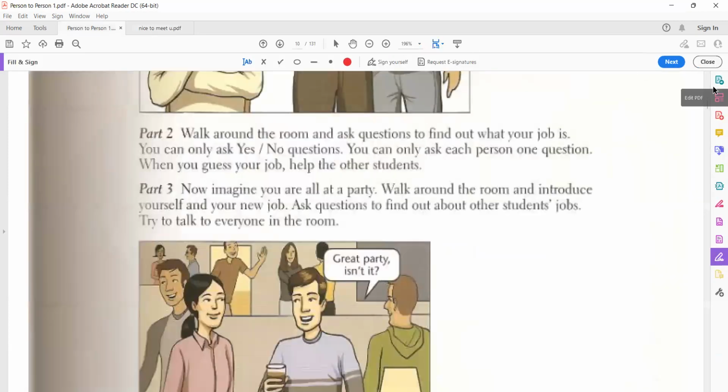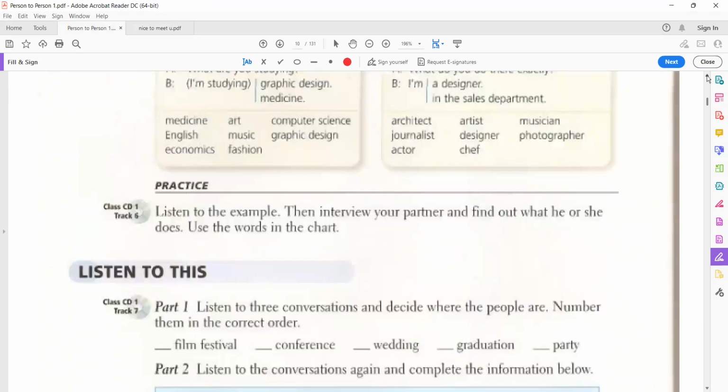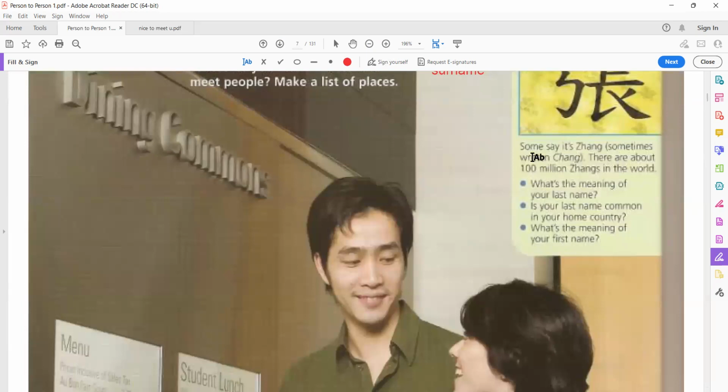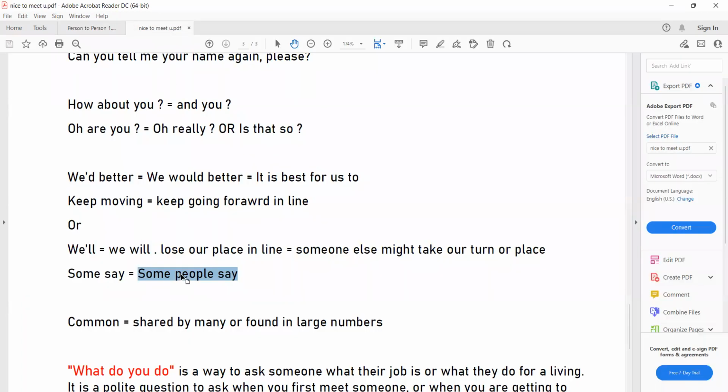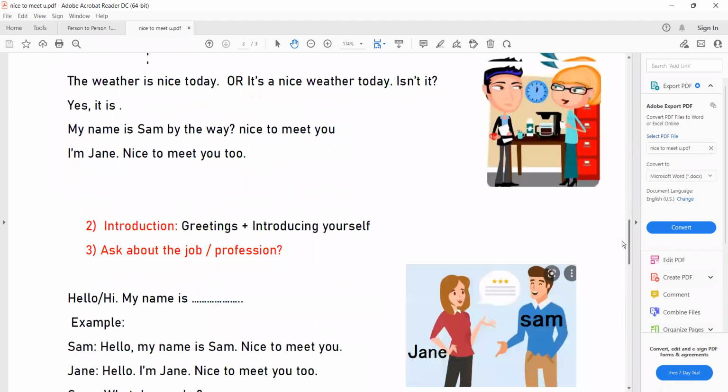Now, in the beginning of the lesson, we saw this. Some means some people, okay? The word common, we already said it means shared by many or found in large numbers, okay?